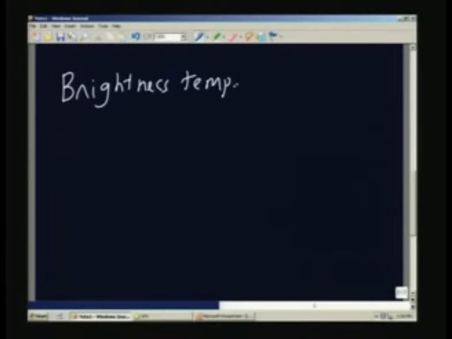It was defined in such a way that epsilon times sigma times Tb to the power of 4, where Tb is the brightness temperature of the object, is equal to epsilon sigma T actual to the power of 4.